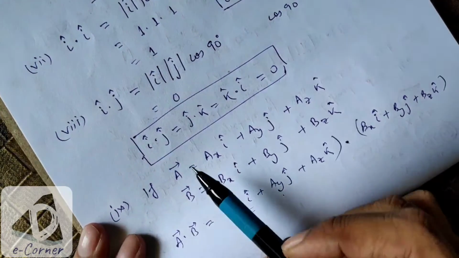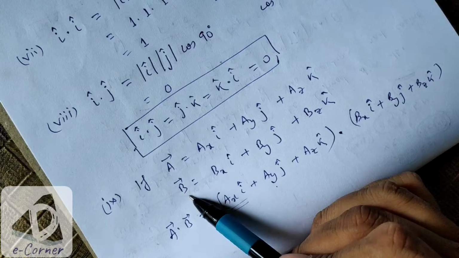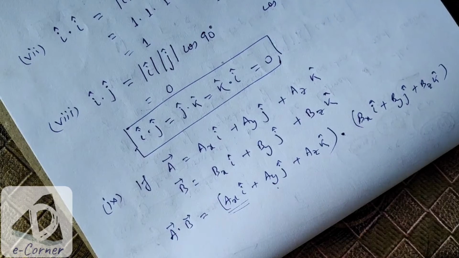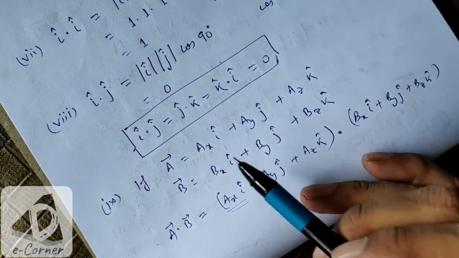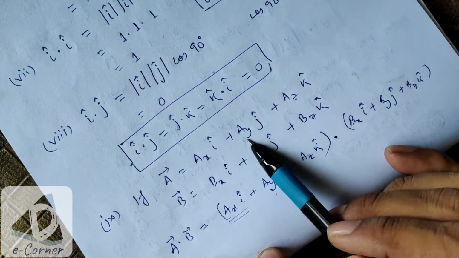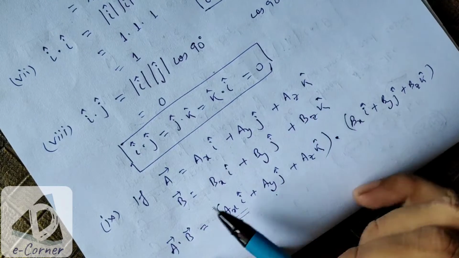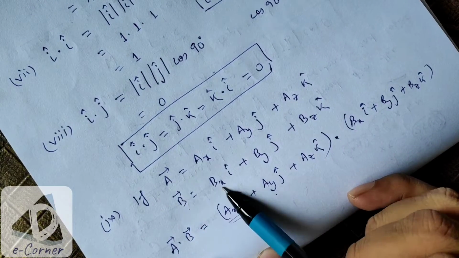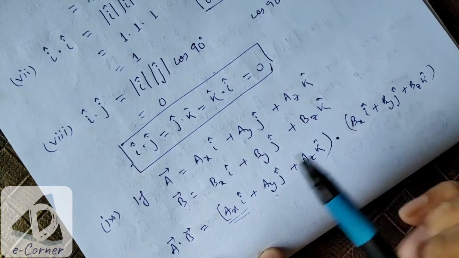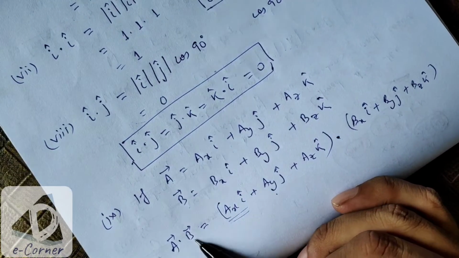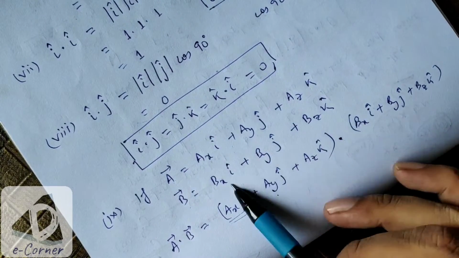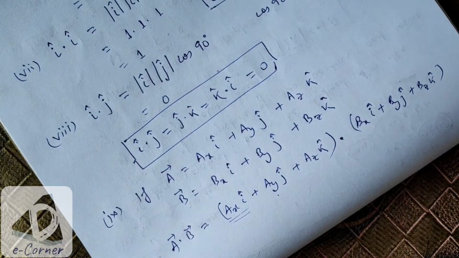Suppose vector A and vector B are given in Cartesian coordinate system. What should be the formula? A vector can be written as Ax i cap plus Ay j cap plus Az k cap. Similarly, B vector equal to Bx i cap plus By j cap plus Bz k cap. Then A dot B can be written as this whole thing dot this whole thing.